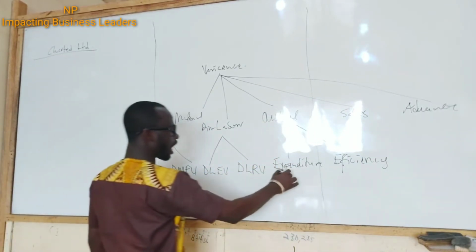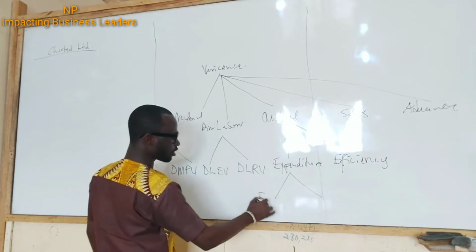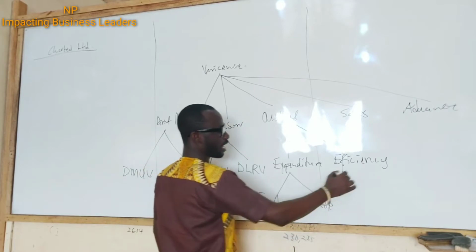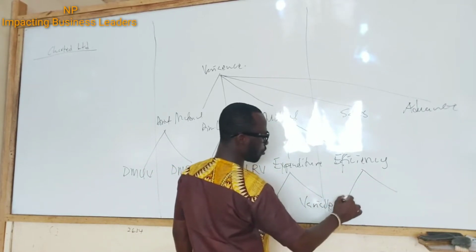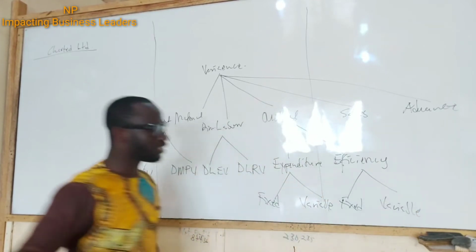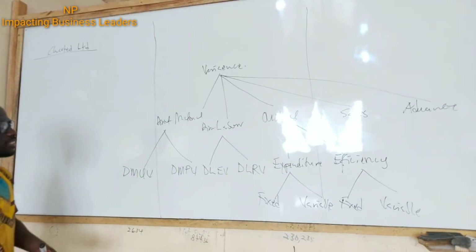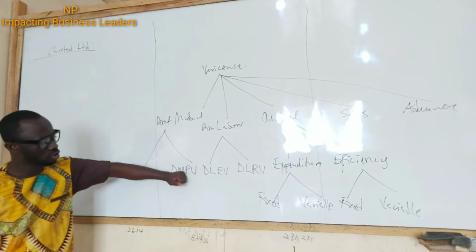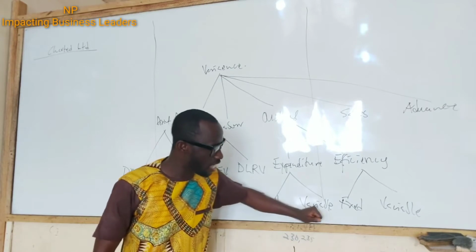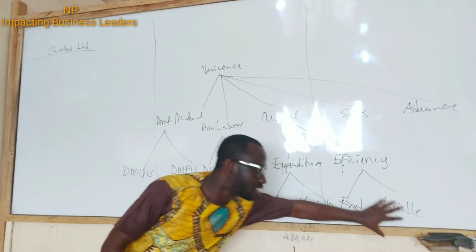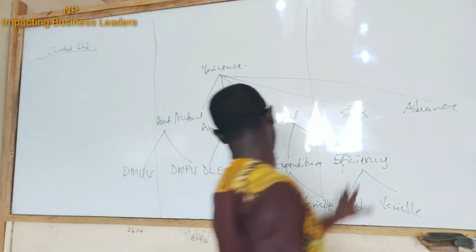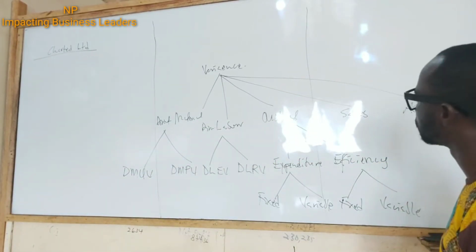Under the expenditure, we have for both fixed and then variable, and under the efficiency, we have for both fixed and variable. So in this question we have here, the examiner said we should calculate 1, 2, 3, 4, 5, 6, 7, 8. So we are computing these 8 variances from the question. That's what the examiner said we should do.